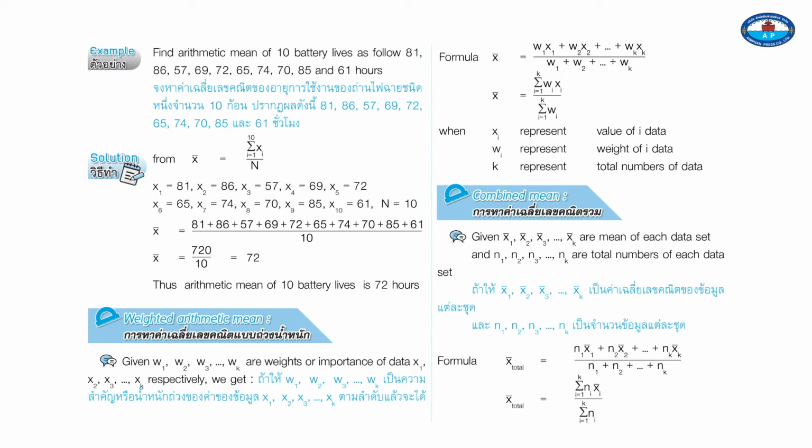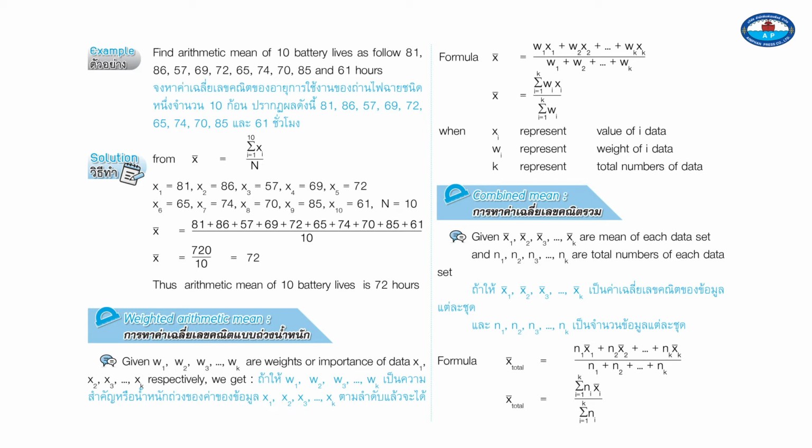X bar equals the summation of Wi xi for every value of i equals 1 through k over the summation of Wi for every value of i equals 1 through k. Here xi represents the value of the i-th data, Wi represents the weight of the i-th data, and k represents the total number of data.